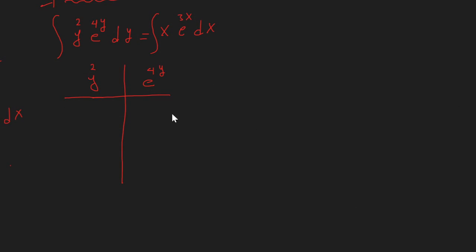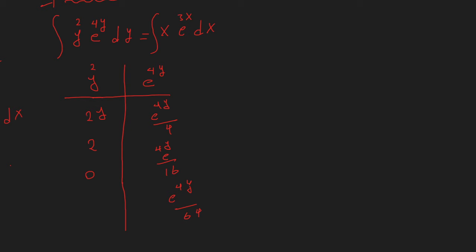So now let's differentiate this. I will have y squared, 2y, 2 and 0, and let's integrate this. We will have e to the 4y divided by 4, e to the 4y divided by 16, and e to the 4y divided by 64.